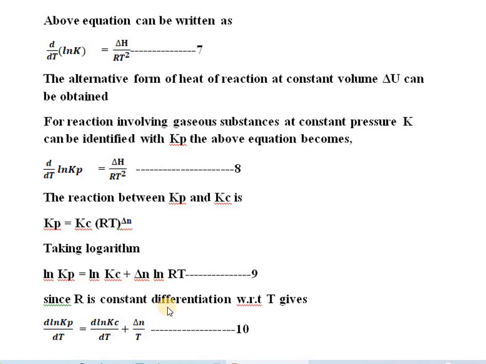But R is a constant, so differentiating with respect to capital T, the equation can be rewritten as d ln Kp by dT is equal to d ln Kc by dT plus delta n by T, equation 10.